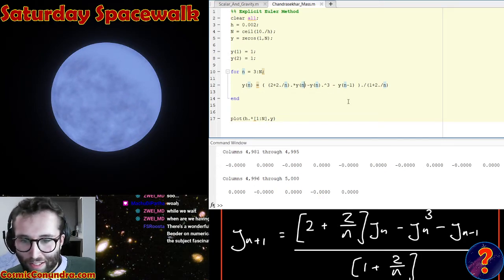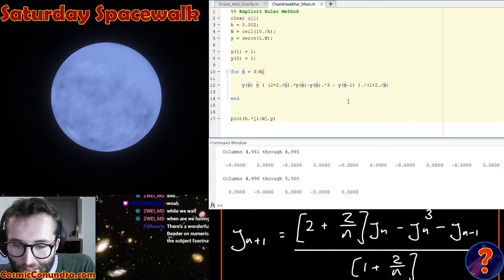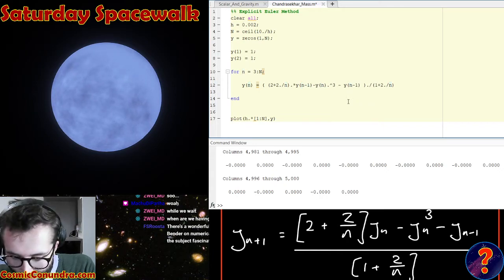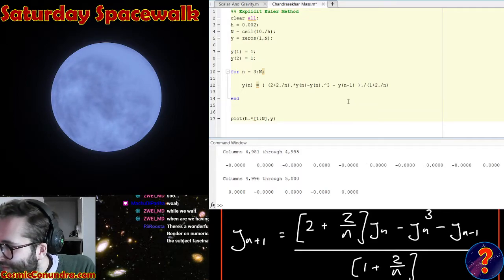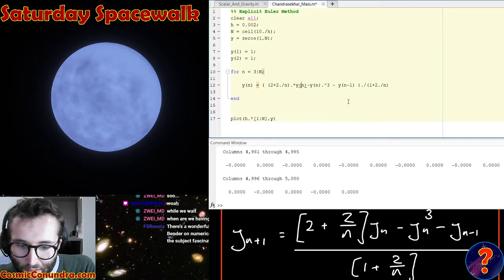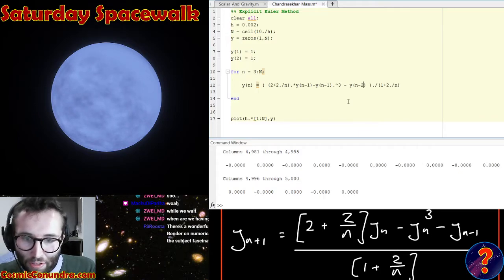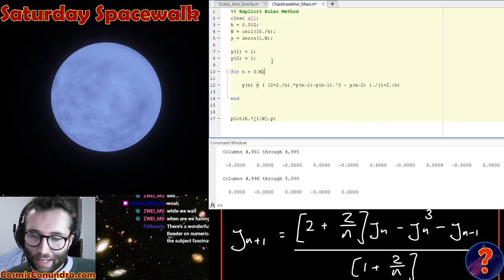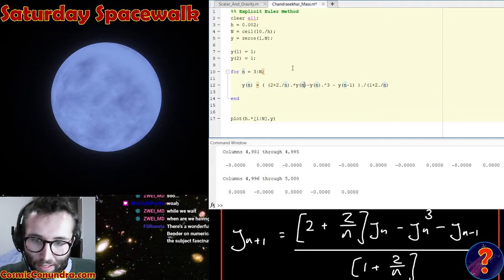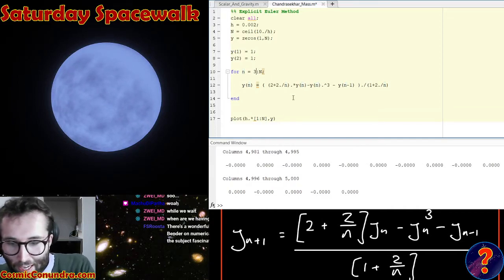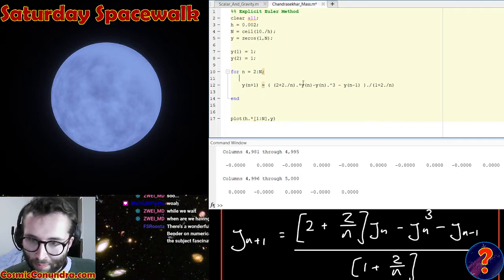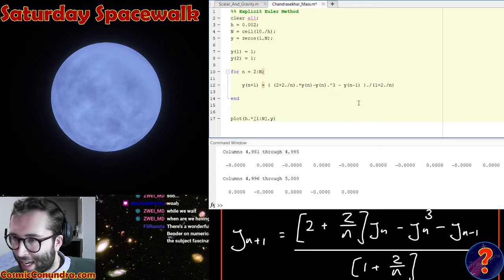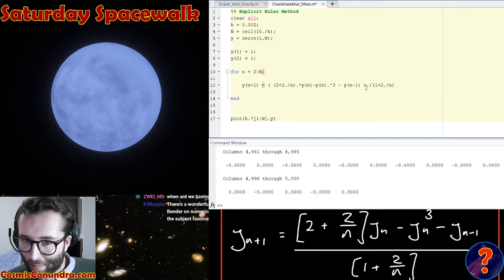No, this should be an n minus 1. This should be an n minus 2. Okay, wait, no, let me do it differently. So now I'm going to say I'm going from 2, and this is n plus 1. That's what we did wrong. I accidentally put a yn on the left-hand side when it should have been a yn plus 1.